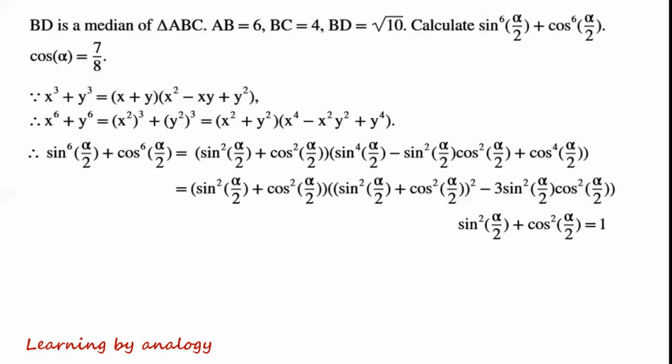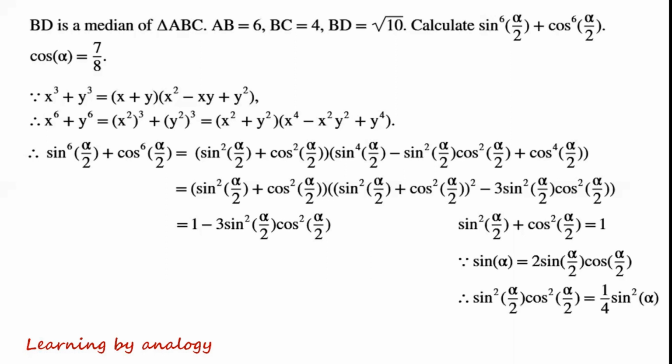We know that sine squared alpha over 2 plus cosine squared alpha over 2 equals 1. So we can now write 1 minus 3 sine squared alpha over 2 cosine squared alpha over 2.